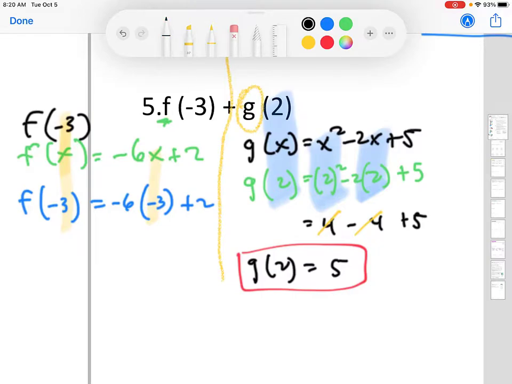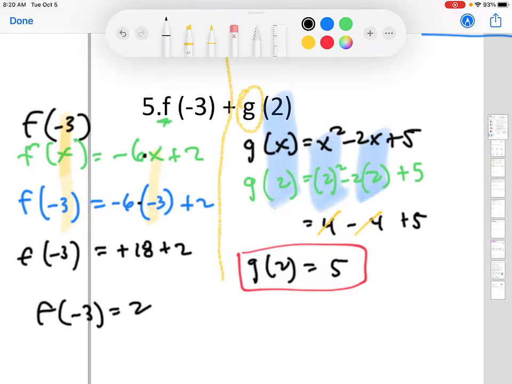Order of operations, so multiplication first. Remember, this is not 6 minus 3, it's 6 times, because in between negative 6 and x there is no subtraction sign. So positive 18, caught myself. And this would basically be 20.